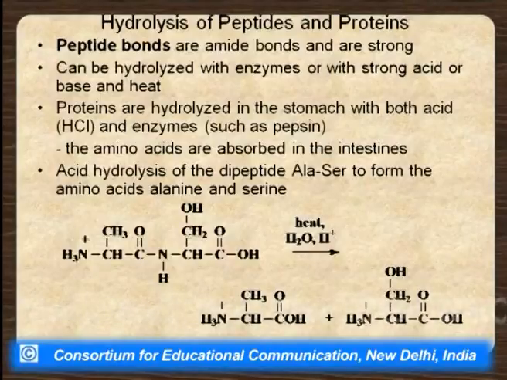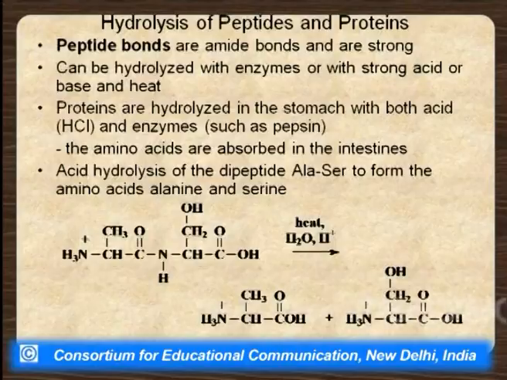Heat will take a longer time, very high heat will be required, and peptides and proteins are anyway hydrolyzed in our stomach with both acids and enzymes, and regularly we take up the amino acids after the digestion of the protein. Here we can see an alanine-serine peptide bond broken to yield the respective amino acids.